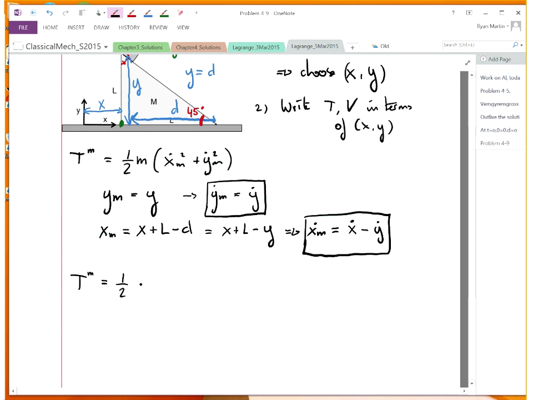So the kinetic energy of the little block m is half lowercase m times X dot squared minus 2X dot Y dot plus Y dot squared. That's the Xm dot squared, and then we have the Ym dot squared, which is just Y dot squared.